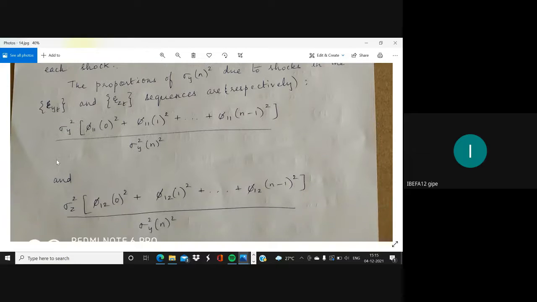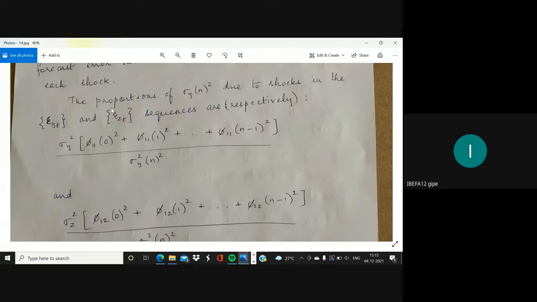Now do the same thing here. Take the portion that is related to epsilon zt alone and divide that by the entire forecast error variance, which has been calculated n steps ahead. Then you'll get the proportion of the forecast error variance due to shocks to epsilon zt.